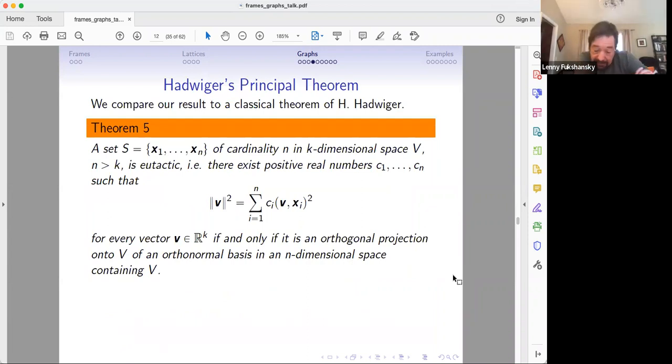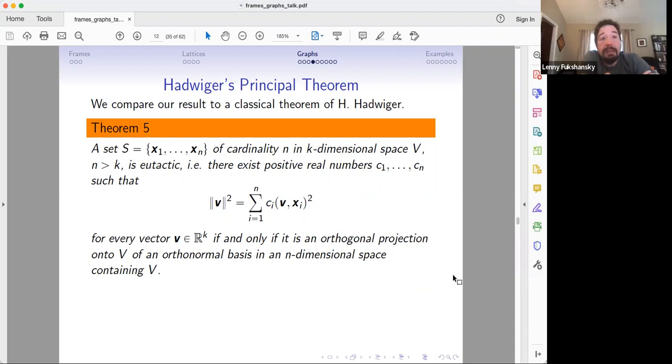So in fact, it's interesting to view our theorem in the light of a very classical theorem of Hadwiger, called Hadwiger's principal theorem. It says that suppose I have a set S of cardinality n in k-dimensional space, n greater than k.